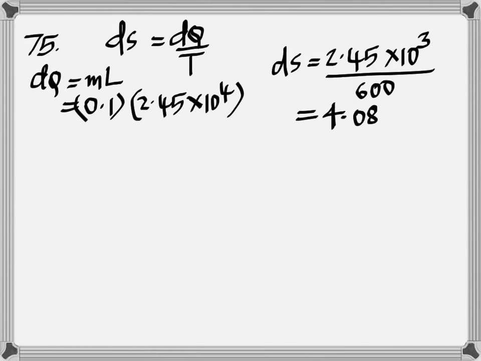Therefore, that is the change in entropy during the phase change. Now, the question just says, what is the change in entropy of the lead? Separately, yes, and then add all the entropies together.